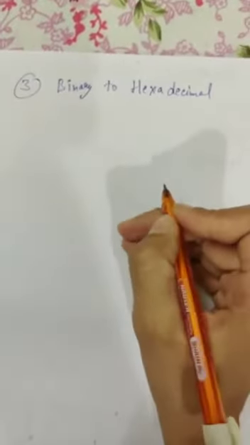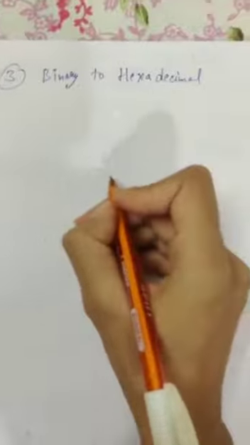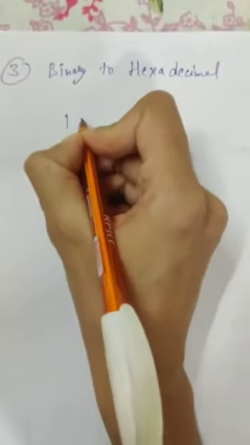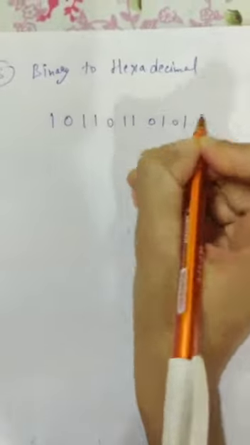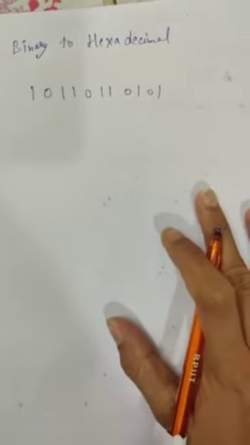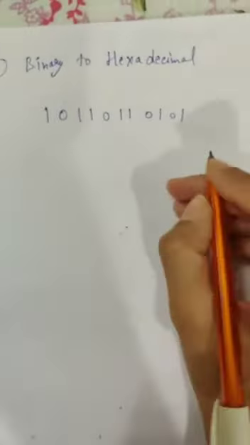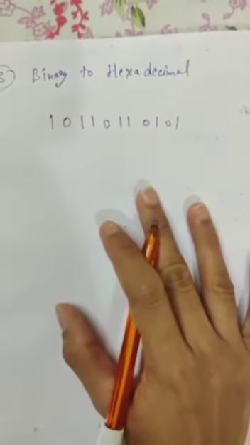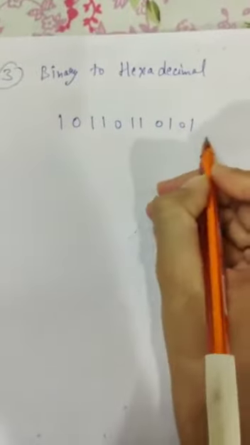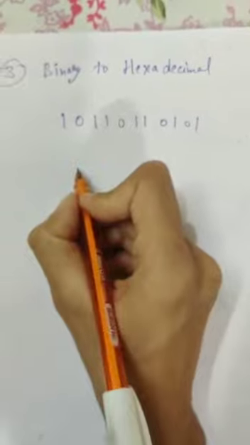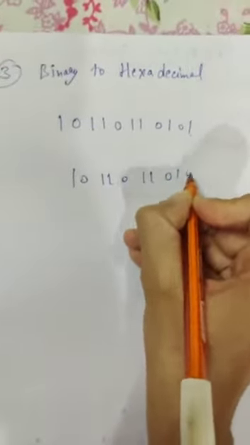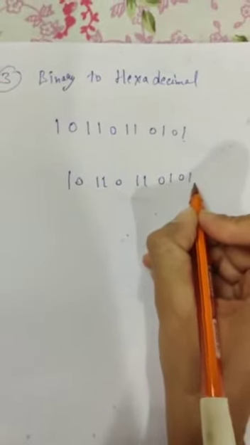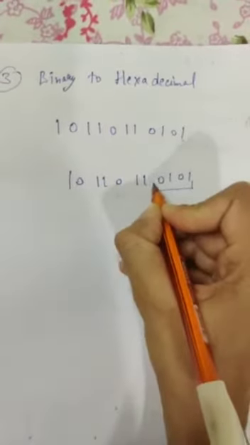You can take any binary number, 1 0 1 1 0 1 1 0 1 0 1. You can take any number. In hexadecimal we have a 4-bit code, so we group this number from right to left, 4 bits each.